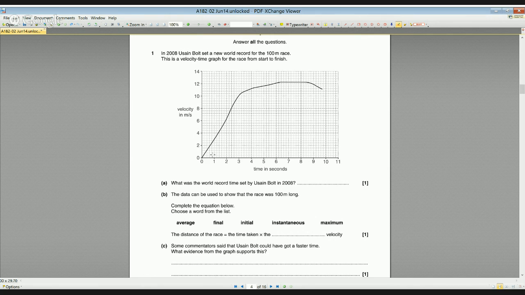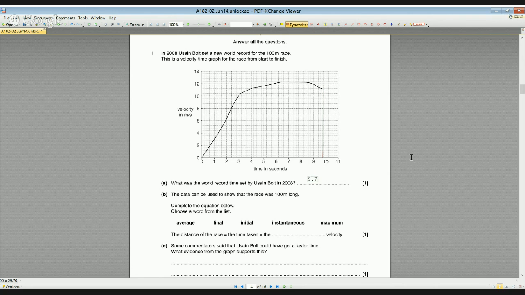What we have to do is look to see where the graph stops. Obviously the graph will stop when Usain Bolt crosses the finish line. So we can draw a line from the end of the graph down to the x-axis, and you'll see that comes at around about 9.7 seconds.